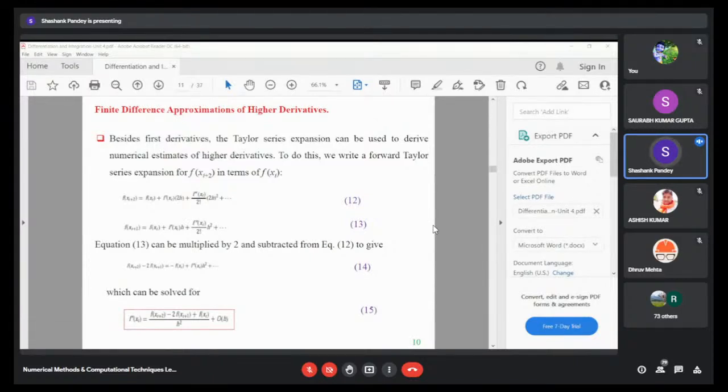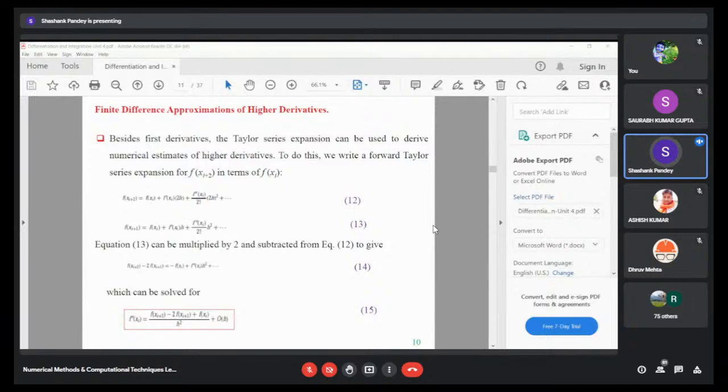So based on the first derivative, the Taylor series expansion can be used to derive the numerical estimate of higher derivatives. To do this, we write the forward Taylor series expansion at a step size of 2, that is i plus 2.